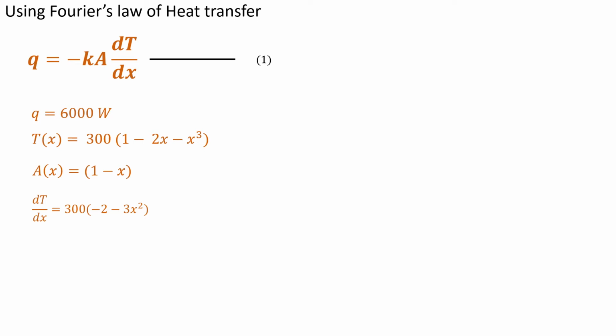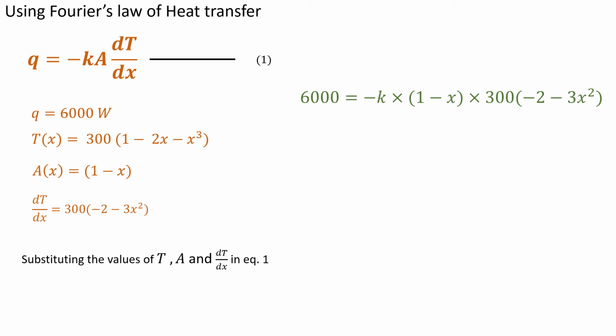We can put the value of q, A of x, and dT by dx in equation 1, and this equation comes out to be 6000 is equal to minus k into (1 minus x) into 300(minus 2 minus 3x square). Here area is 1 minus x, dT by dx is 300(minus 2 minus 3x square).